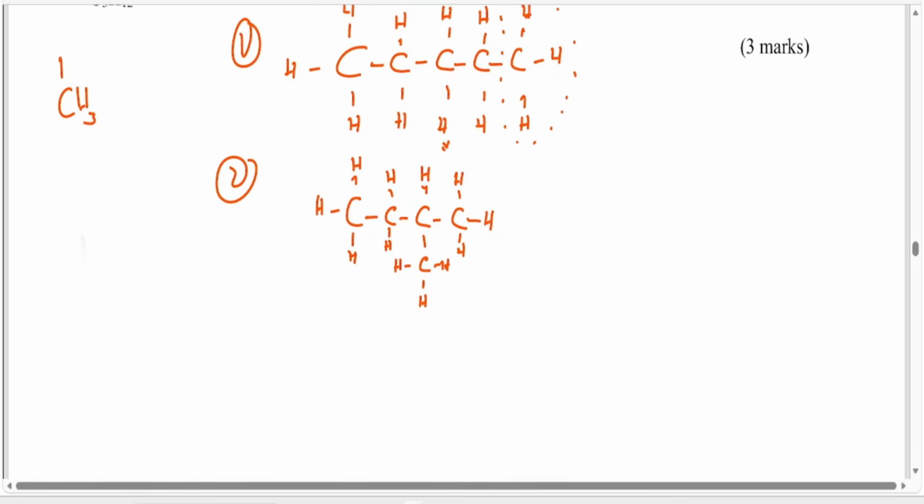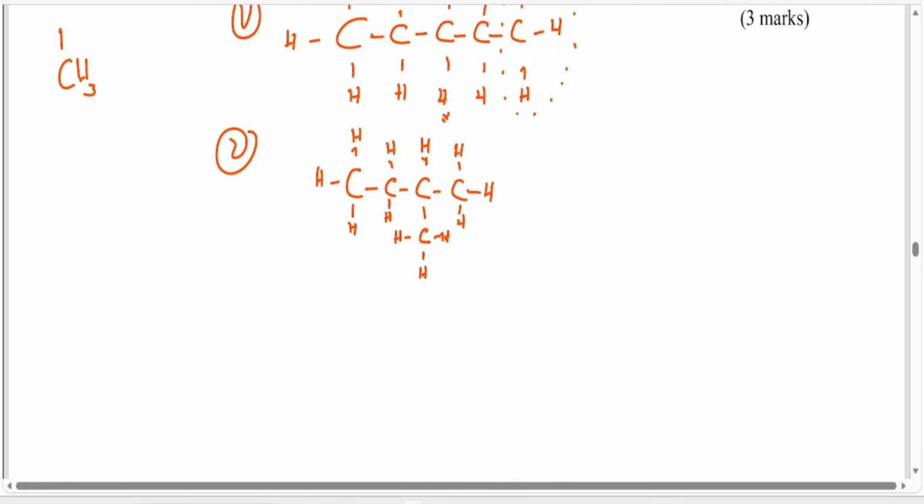Then another one, the third one, we're going to have a straight chain of 3. 1, 2, 3. And then I bring one carbon here and another carbon here. It forms a cross.